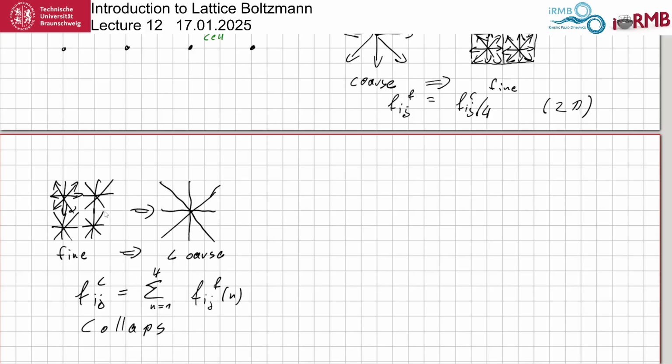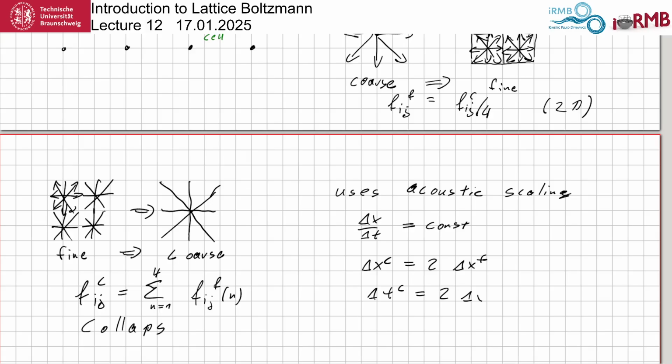And on top of this, we are using acoustic scaling. Acoustic scaling means delta x by delta t is a constant, meaning that delta x c is twice delta x fine, and delta t c is twice delta t fine.